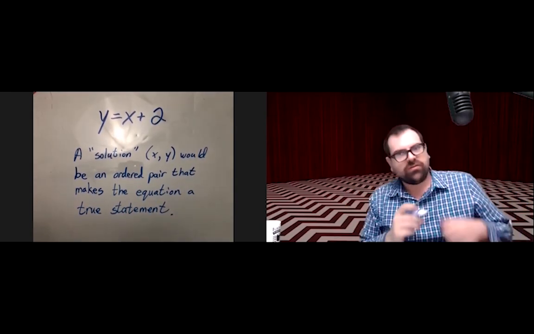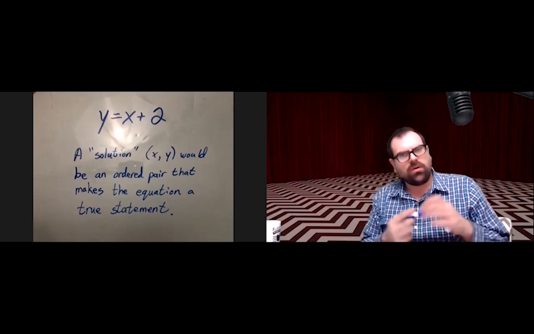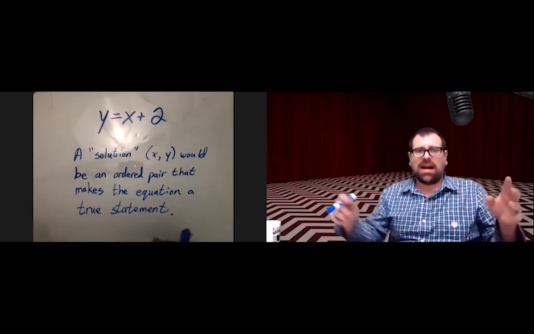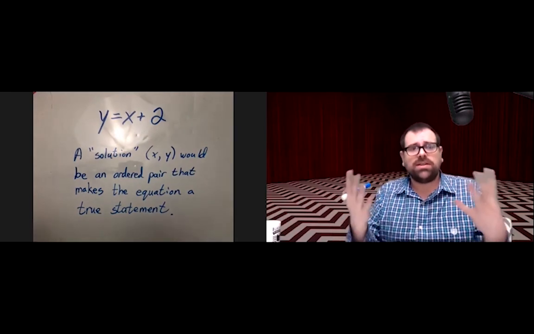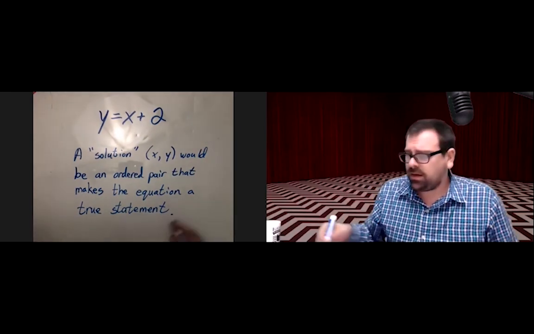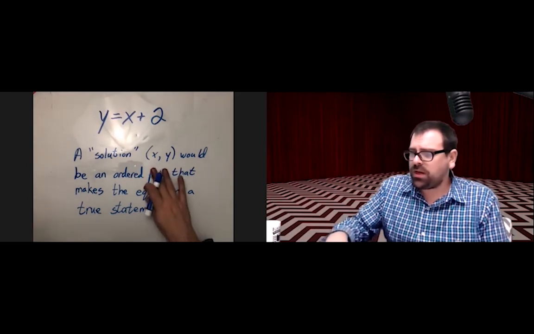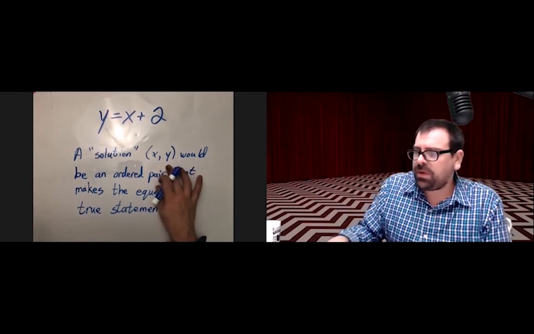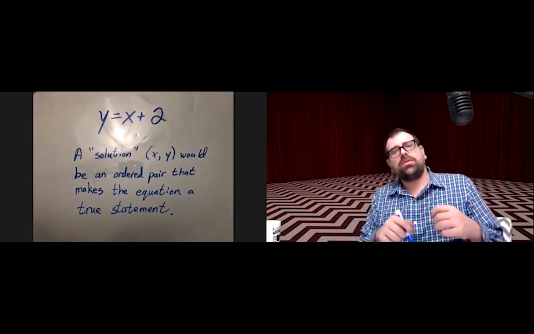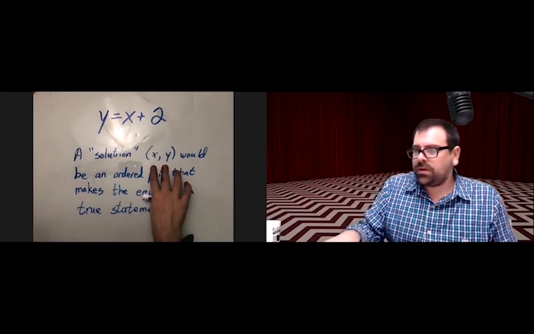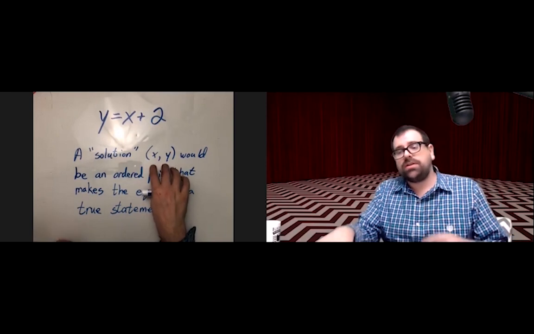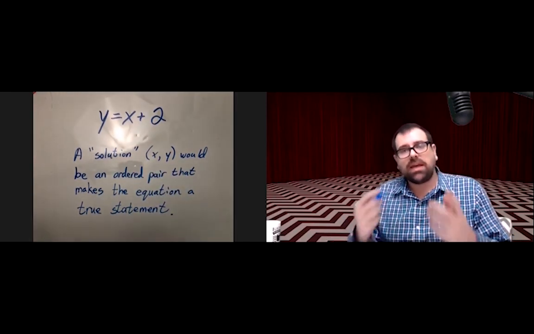Now, maybe you're suffering from whiplash right now. You might be going, hold on, you were just talking about a graph. You were putting points on there. Now we're talking about an equation. Tell me, what's happening? Well, what's happening is I'm showing you that an ordered pair, those things that we're putting on the graph as points, would express a solution to an equation if it's true.